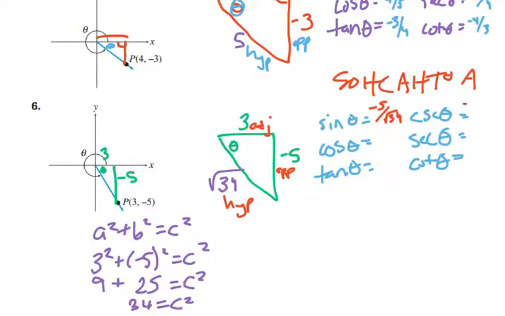And then, of course, its flip is negative square root of 34 over 5. Cosine is going to be adjacent over hypotenuse, and then the flip of that. Tangent is opposite over adjacent, so negative 5 over 3, and cotangent is negative 3 over 5.